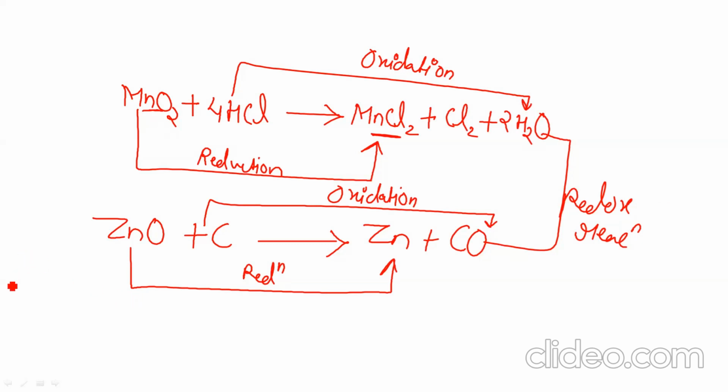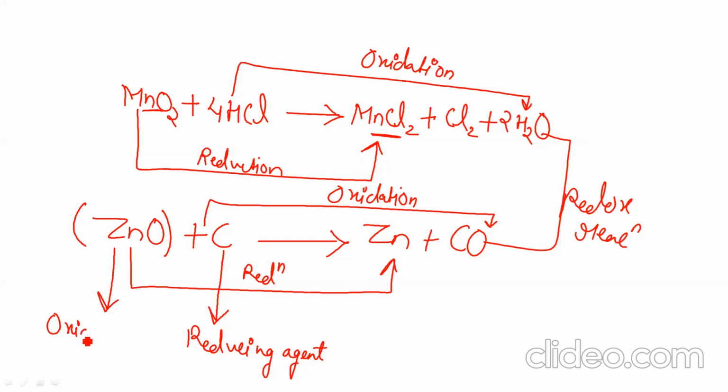One more thing I am going to discuss: ZnO is reduced due to the presence of carbon here, so carbon is known as the reducing agent, and this Zn will be called the oxidizing agent, because ZnO is helping the formation of CO, which is the oxidation of the carbon atom.